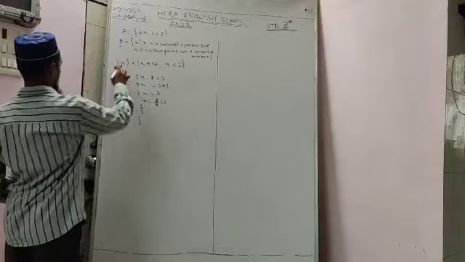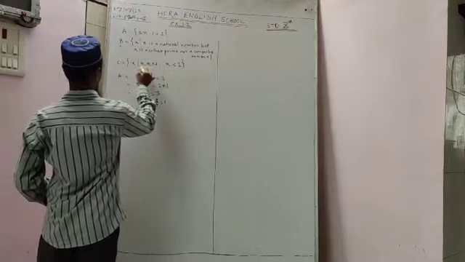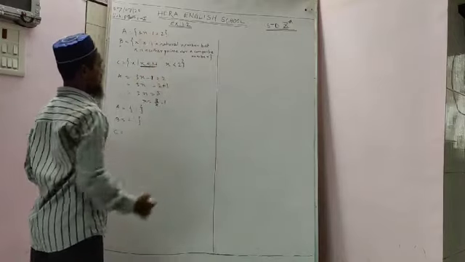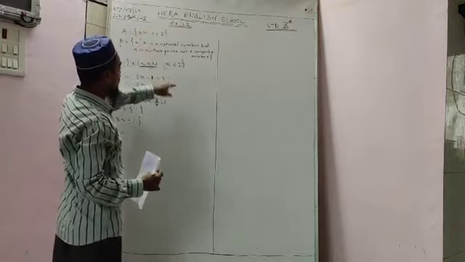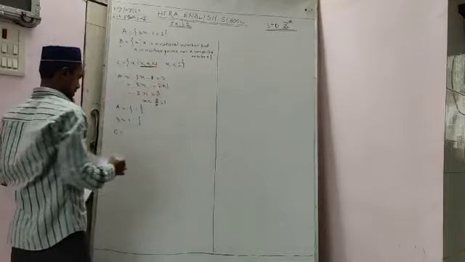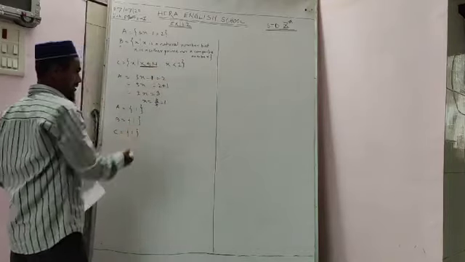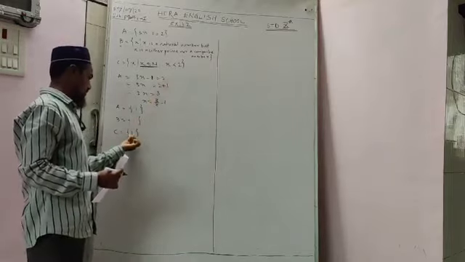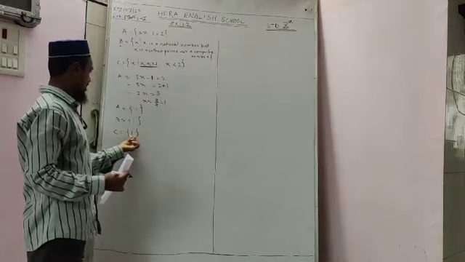In set C we have the given statement x belongs to natural number, means x is a member of natural number. The x is a natural number, or which type of number? Less than 2. There is only one number less than 2, that is 1. Means set C has only one element, that is 1.